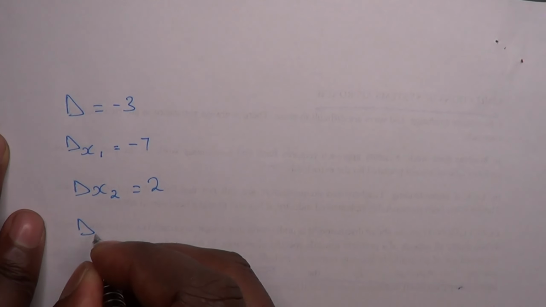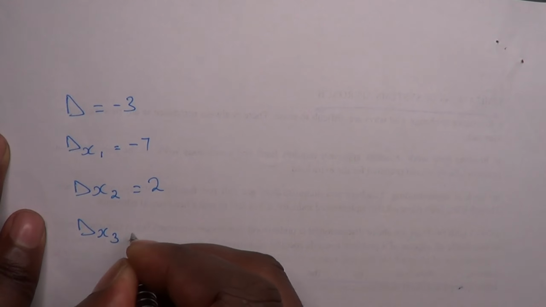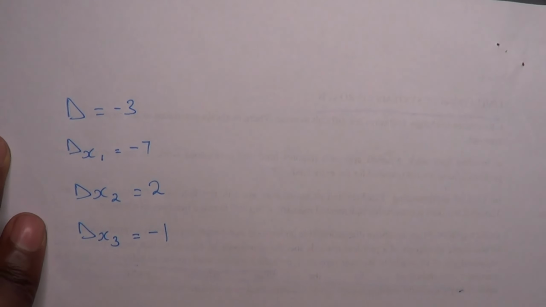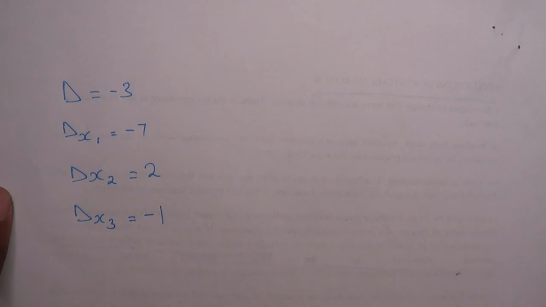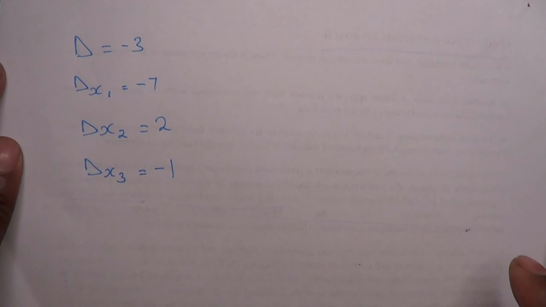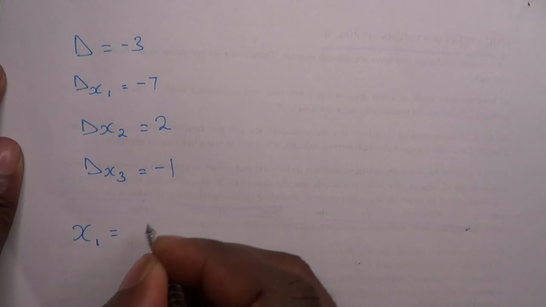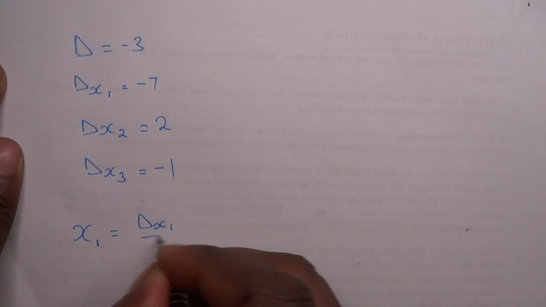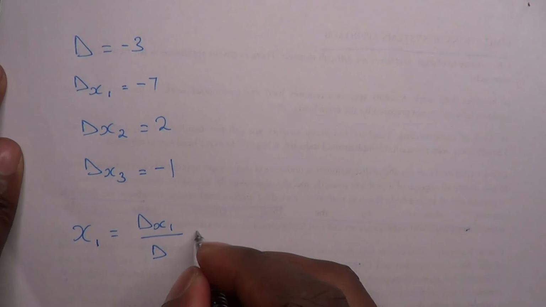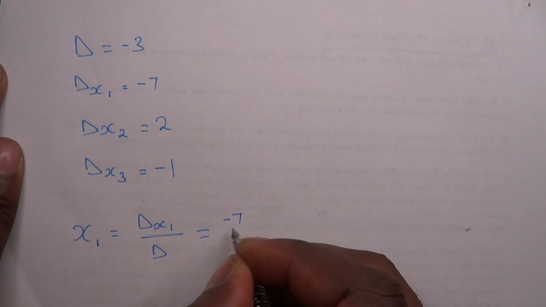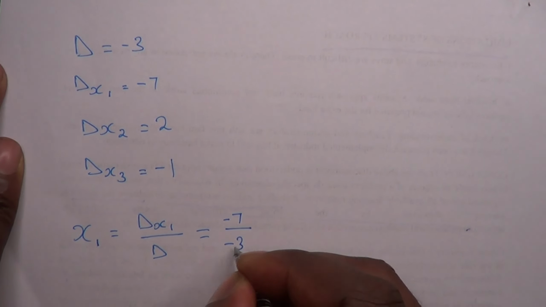Then determinant of x3, it was negative 1. So from here we need to find x. Okay, now for us to find x, it will be, now x1 is equal to dx1 over d, which is equal to dx1, that's negative 7, of d is negative 3.